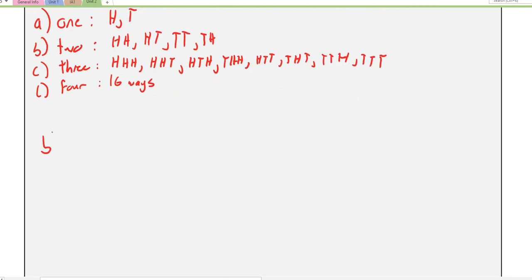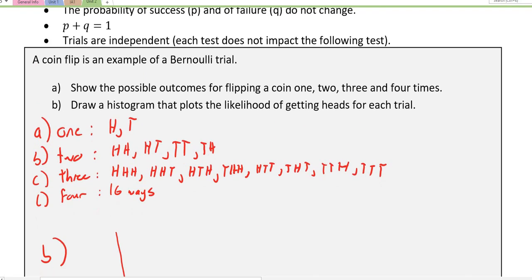So for B, we're going to draw a histogram. For our histogram, what is the least amount of heads we can have? 0 heads. So we can have 0, 1 head. What's the most amount of heads we can have? We're going for 4.